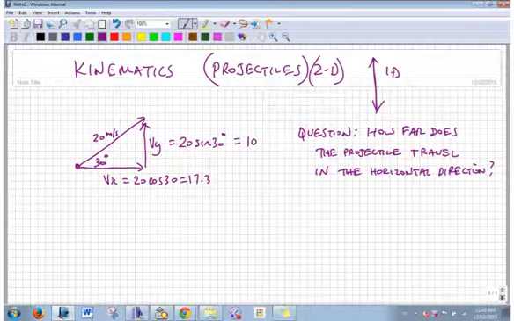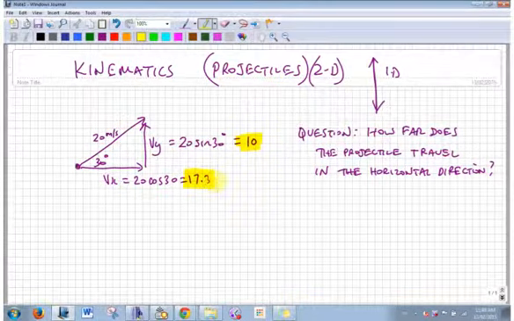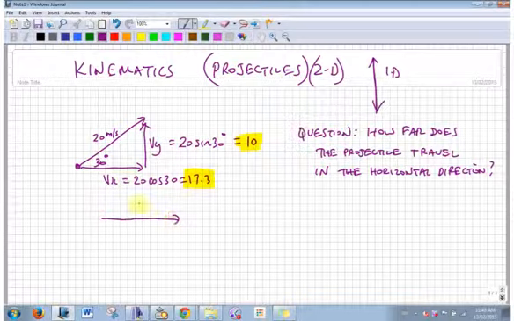It is. You have to completely separate what's happening vertically from what's happening horizontally. Okay? They're separate events. They're independent of one another. This thing will continue to go at 17.3 meters a second in that direction for as long as what?